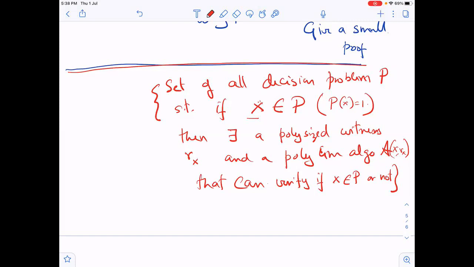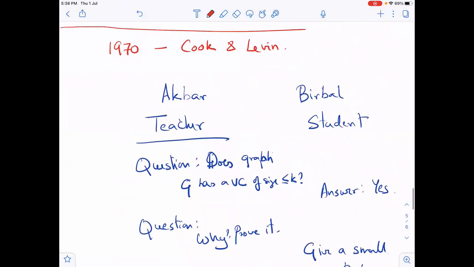It is only when p(x) equals 1 am I guaranteeing you something. If p(x) equals 0, think of it that Birbal and the students' job is always to convince that p(x) equals 1.